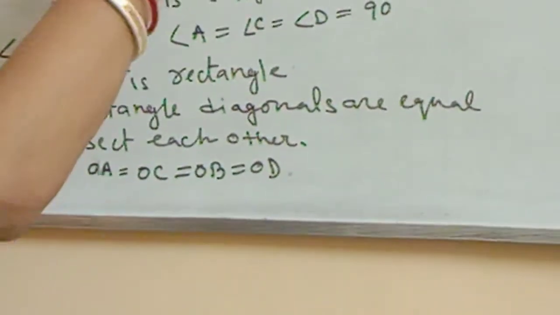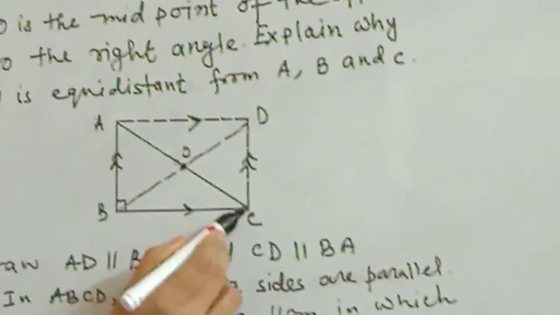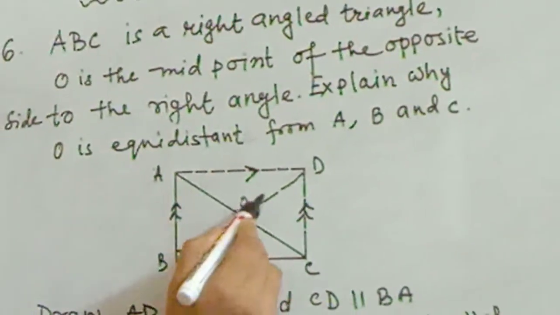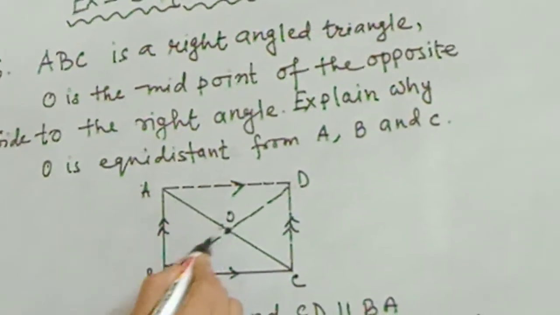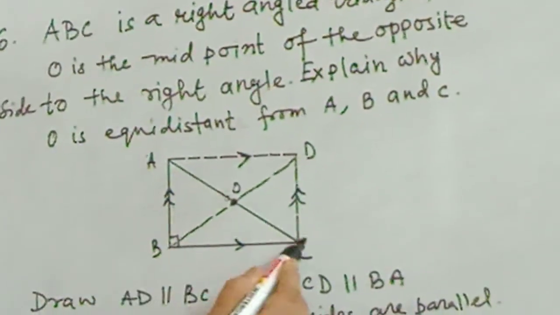So for this reason, O is equidistant from A, B and C, as this distance and this distance are equal, and these diagonals are equal. So we can say that the distance OA is equal to OB is equal to OC.